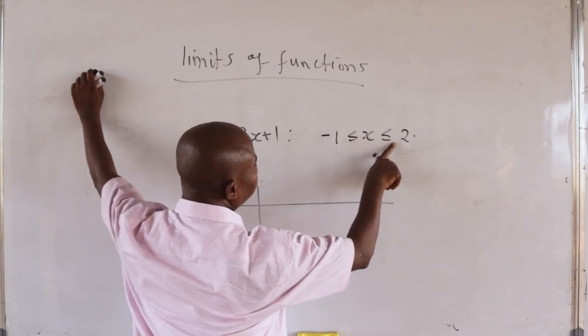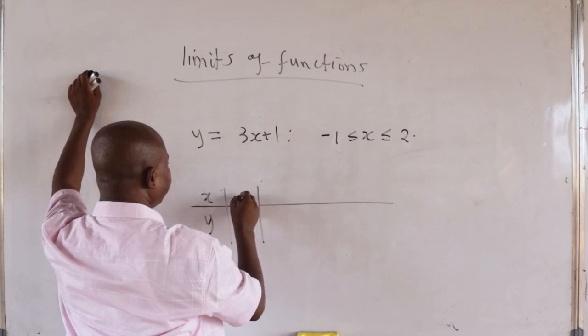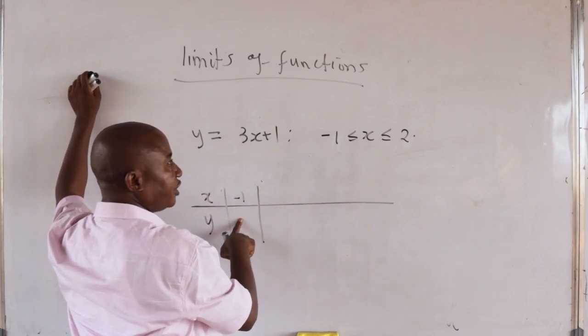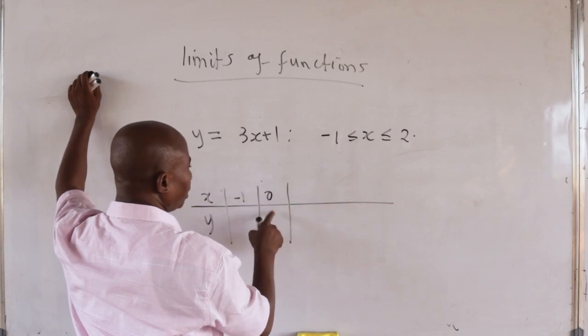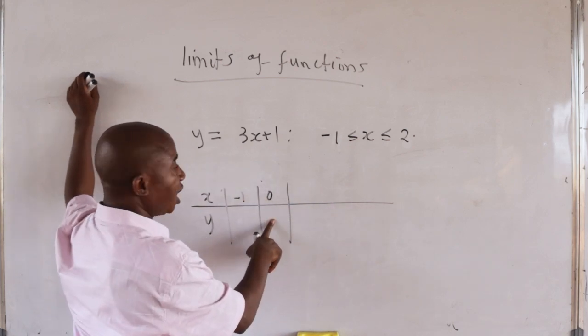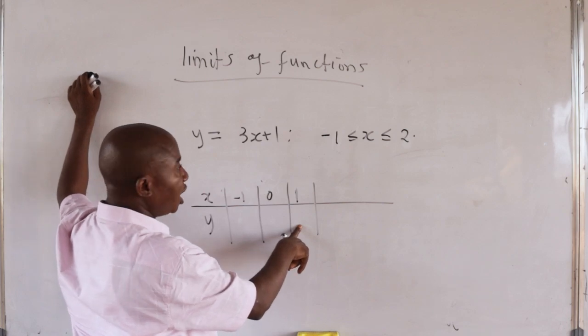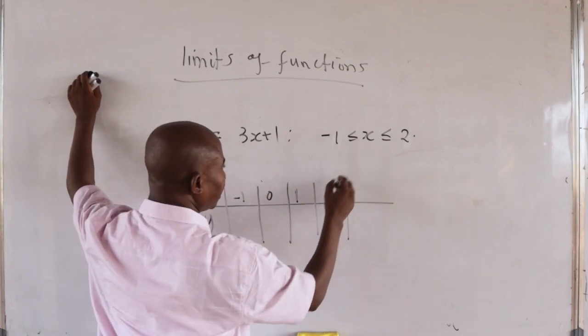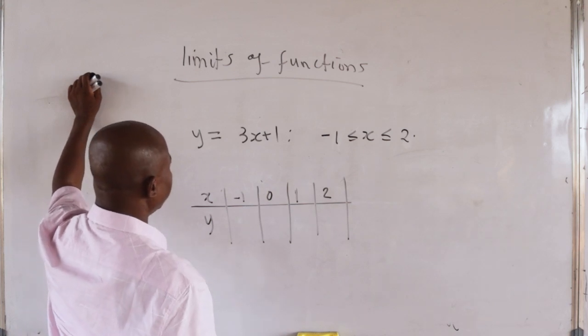We are given the range of x from minus 1 to 2. So when x is minus 1, we need to know the value of y. When x takes 0, we need to know the value of y. When x takes 1, we need to know the value of y. And finally, when x takes 2, we also need to know the value of y.